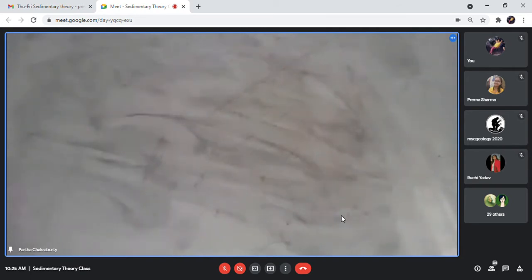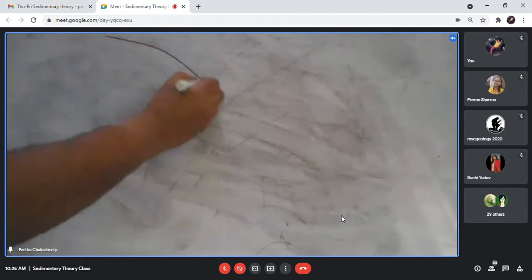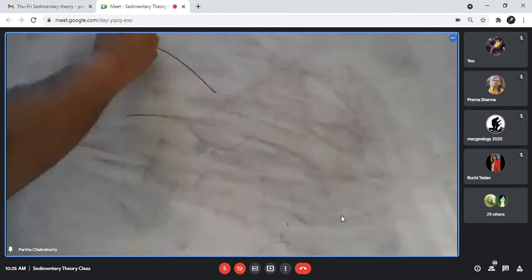So if we draw a very simplistic diagram of subduction, this is a plate which is subducting, and you are getting the thrust system.